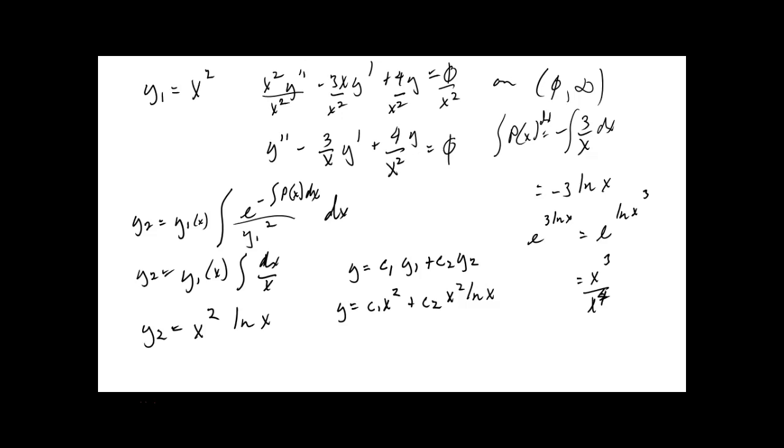Those are the arbitrary constants that you use when you're doing your, what do they call that procedure? Superposition. Okay. So there is the example, the second example in 4.2.